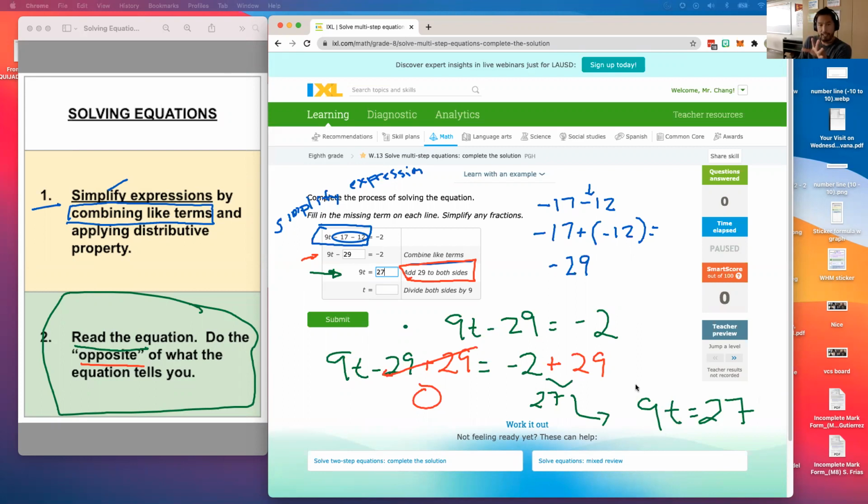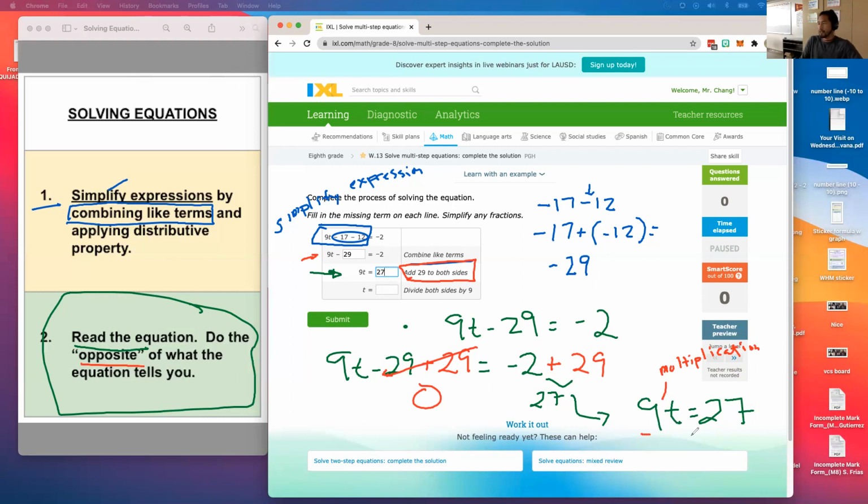You have to recognize that with the coefficient and the variable, there is multiplication happening here. We don't show the multiplication. But anytime you see a coefficient and a variable together, that term is actually 9 times t. So what do we do? We do the opposite of it to both sides of the equation.